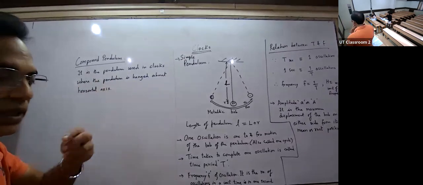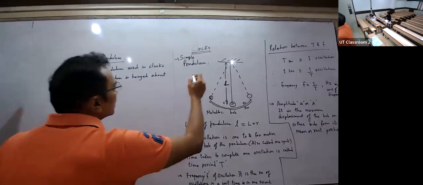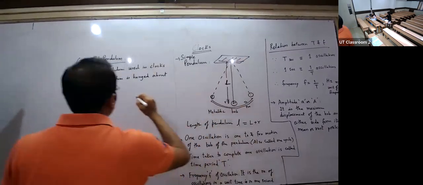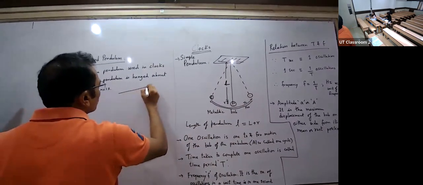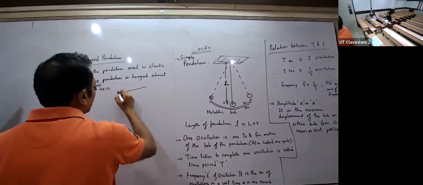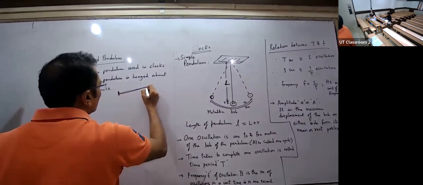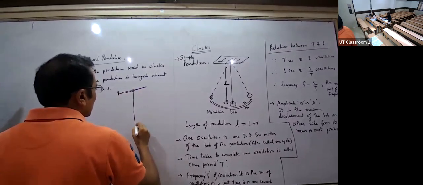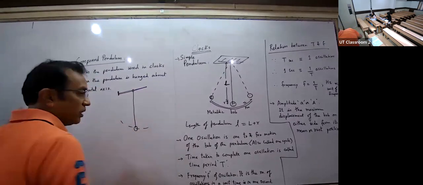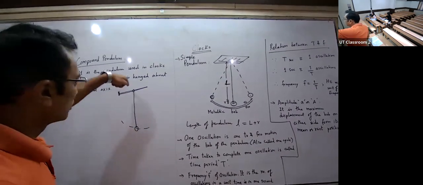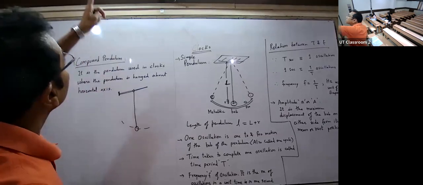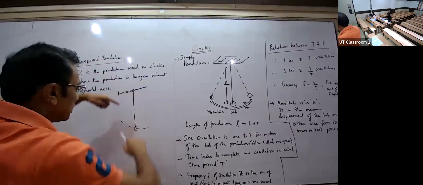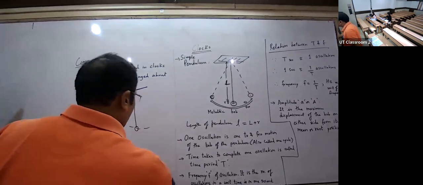Not the ceiling. The ceiling is like the floor from which it is hung. Here it is hung on a horizontal axis. Let us say you have some nail and here it is tied, and now it is swinging on both sides of the nail. It's not the ceiling, but some nail, and the pendulum is swings on either side.